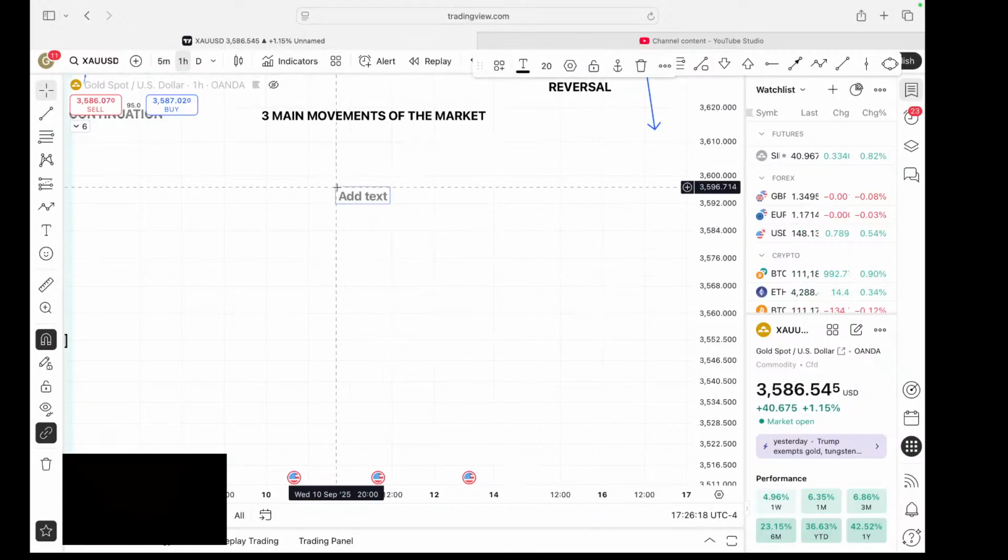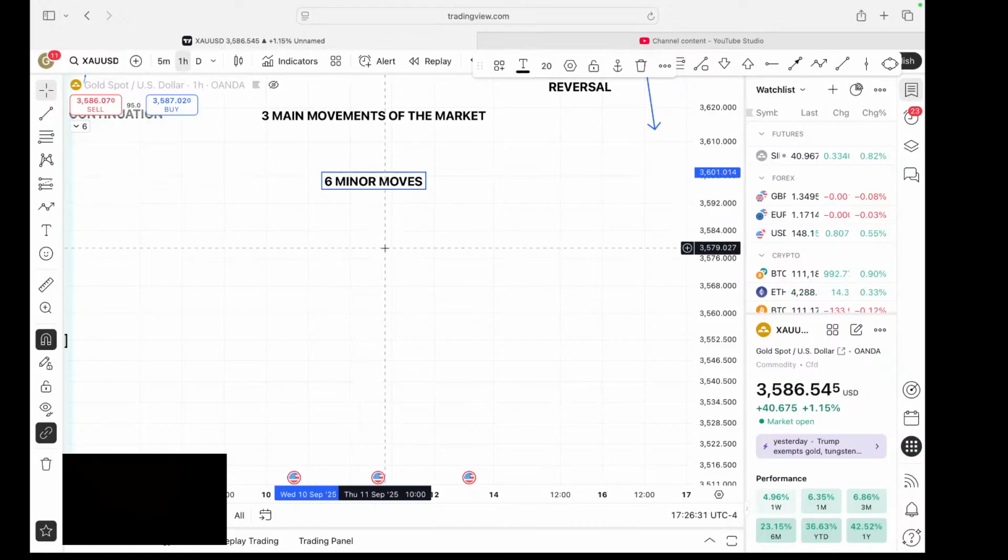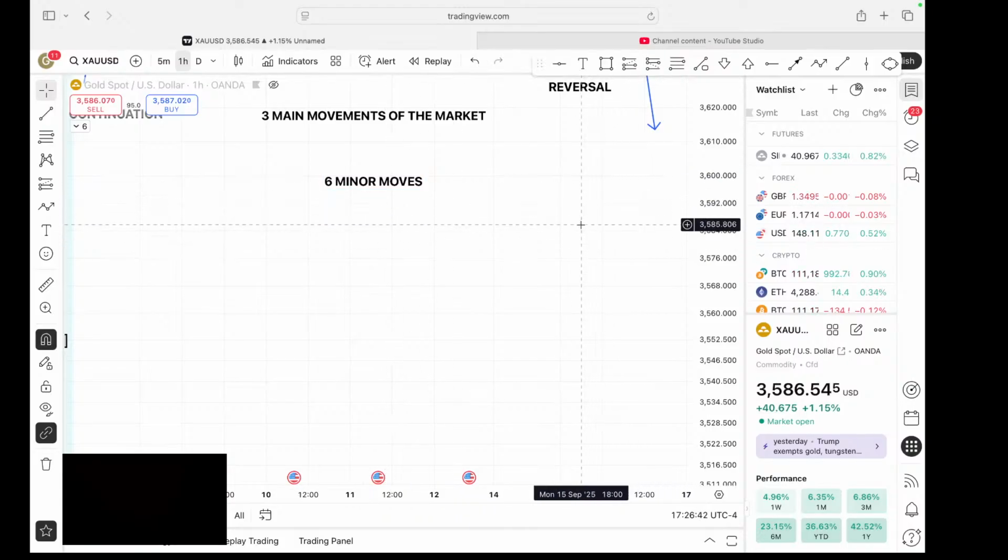Underneath that, we have 6, you could say minor moves. These moves are what continuously happens like almost every day or every other day in the market. They happen over and over and over again. And these are the ways you can catch small movements, right?